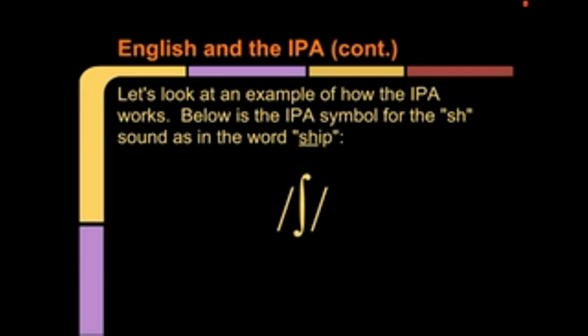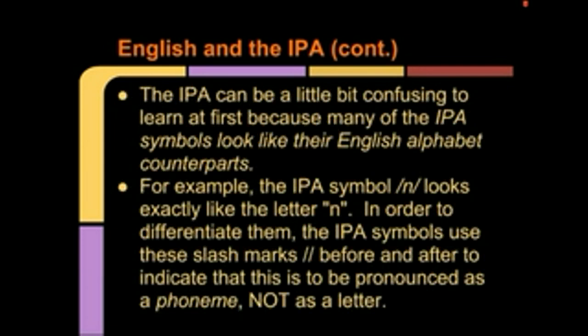Let's look at an example of how the IPA works. Below is the IPA symbol for the sh sound, as in the word ship. The IPA can be a little bit confusing to learn at first because many of the IPA symbols look like their English alphabet counterparts.